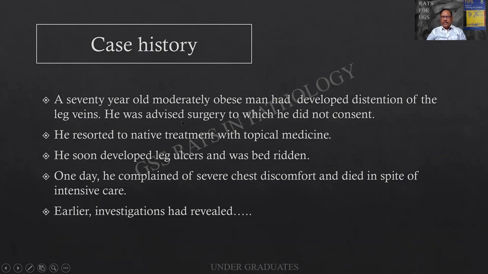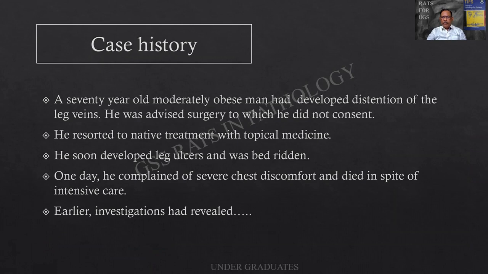He was advised surgery to which he did not consent. Instead, he resorted to native treatment with topical applications. He soon developed leg ulcers and was bedridden. One day, he complained of a severe chest discomfort and died in the hospital in spite of intensive care.